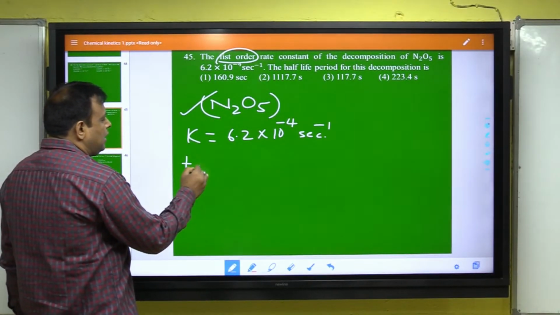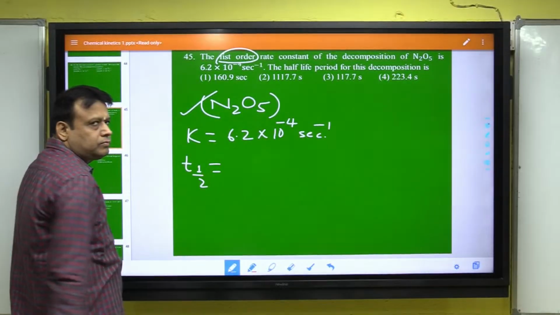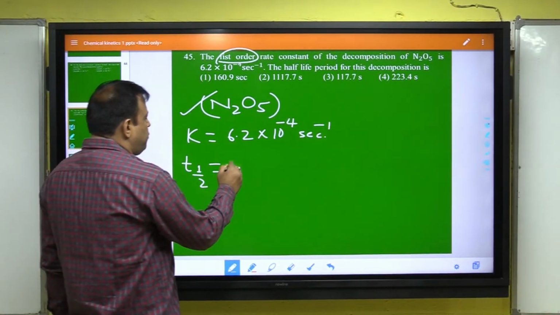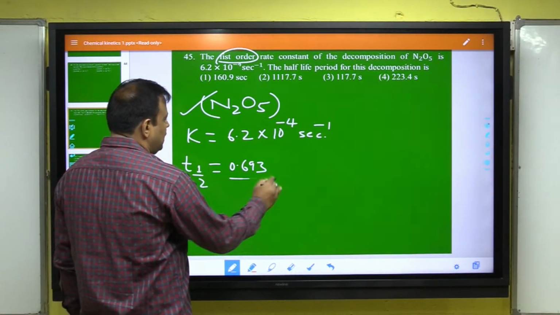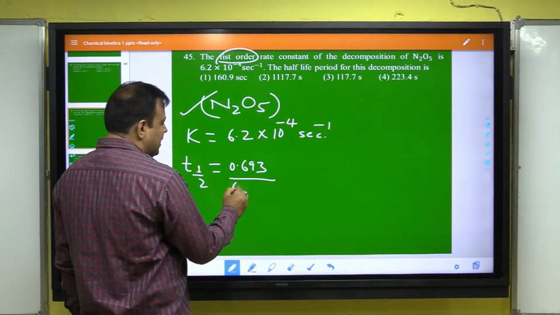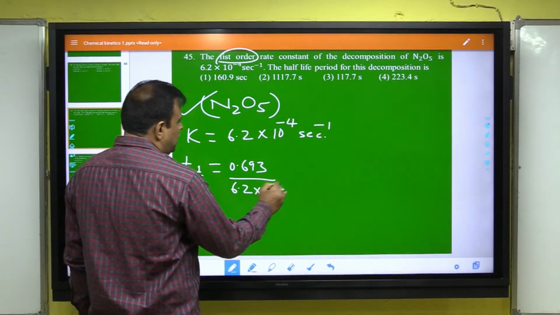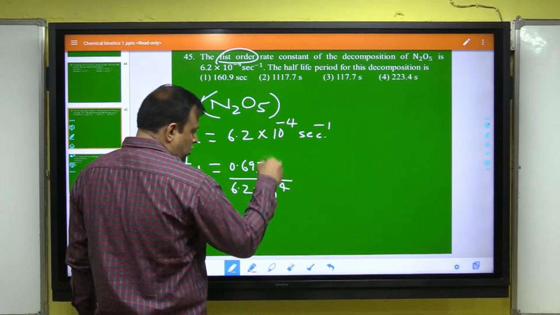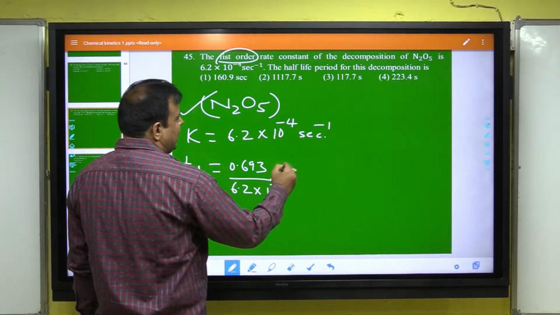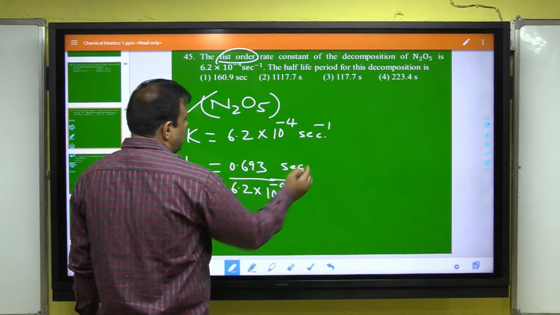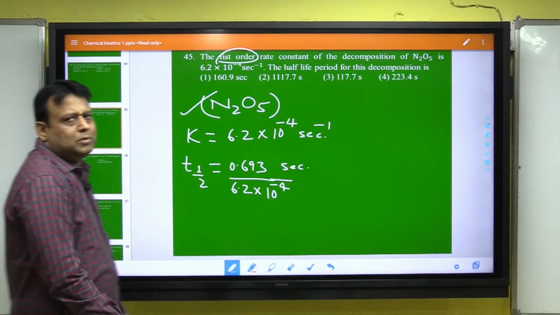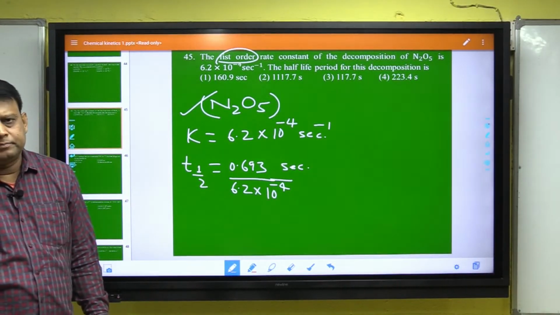Listen, T half is equal to 0.693 divided by K, and K is 6.2 into 10 to the power minus 4 second inverse. When second inverse goes to the numerator, it becomes second.